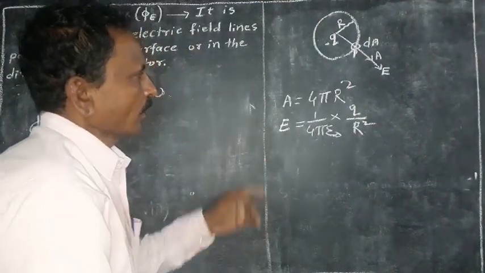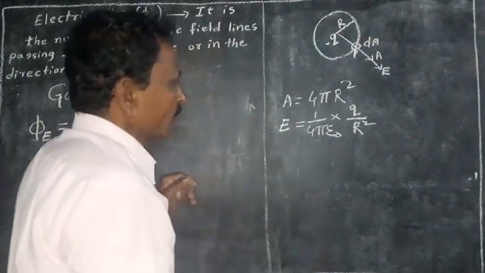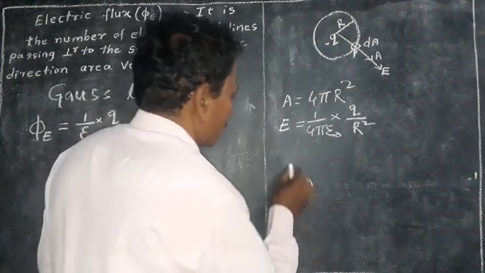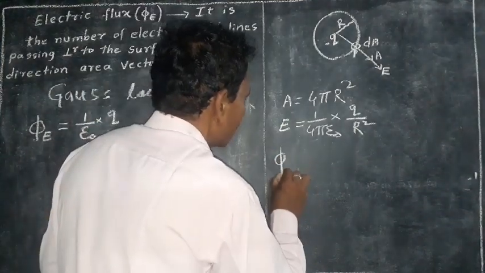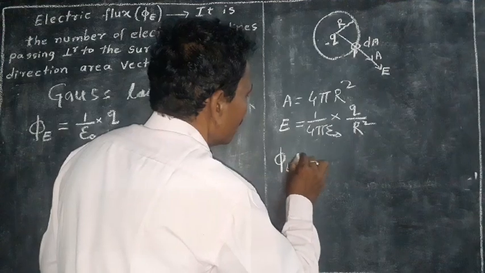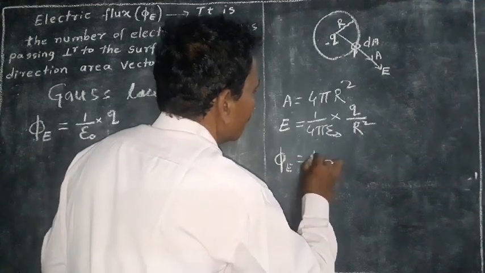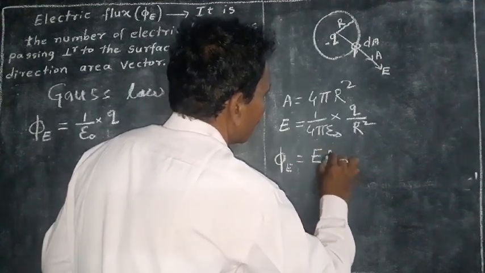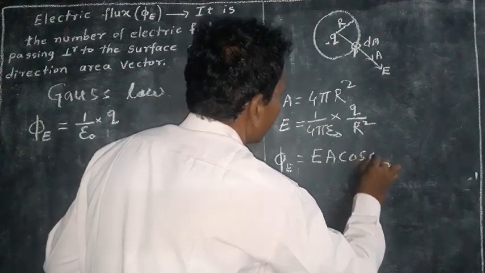And according to the definition of electric flux, electric flux phi E is equal to E A cos theta.